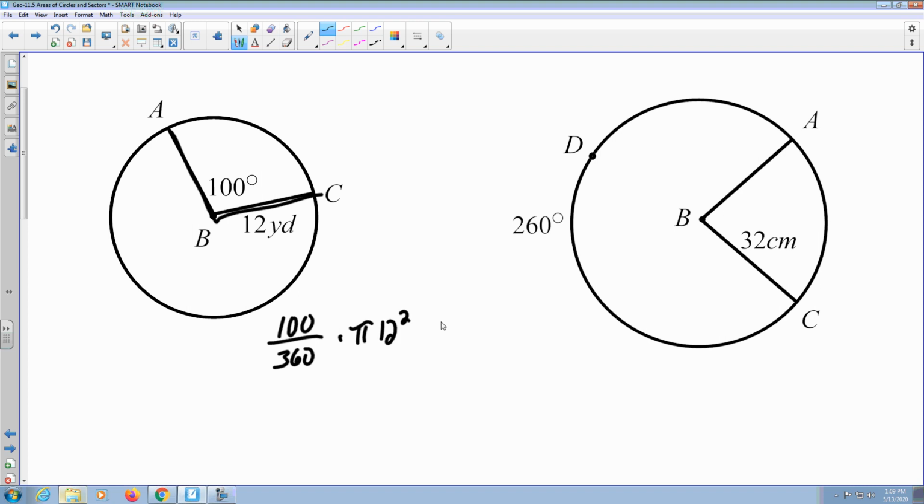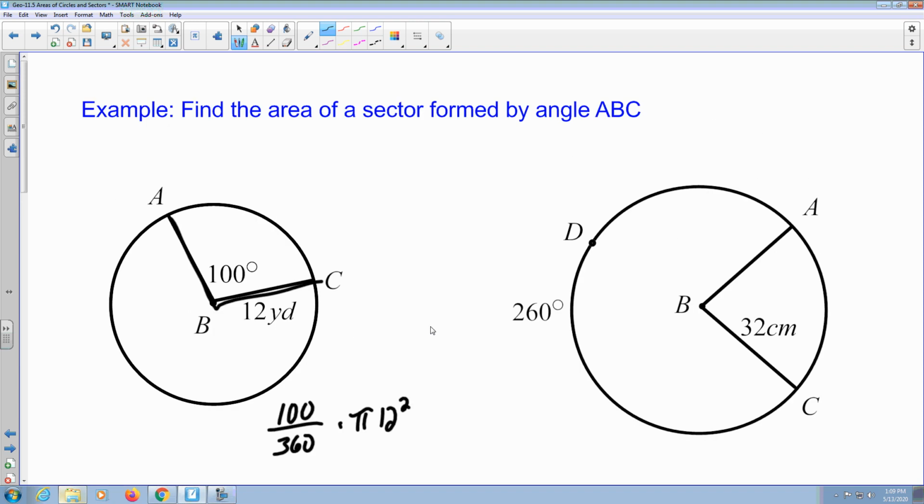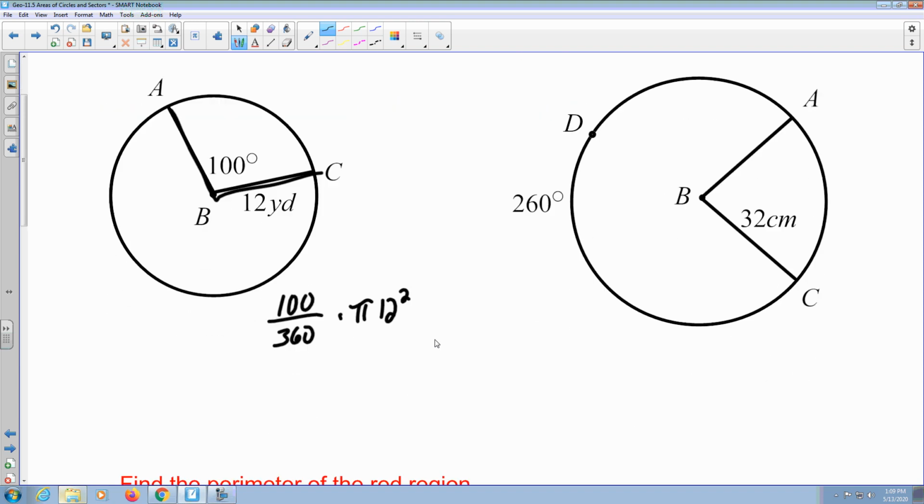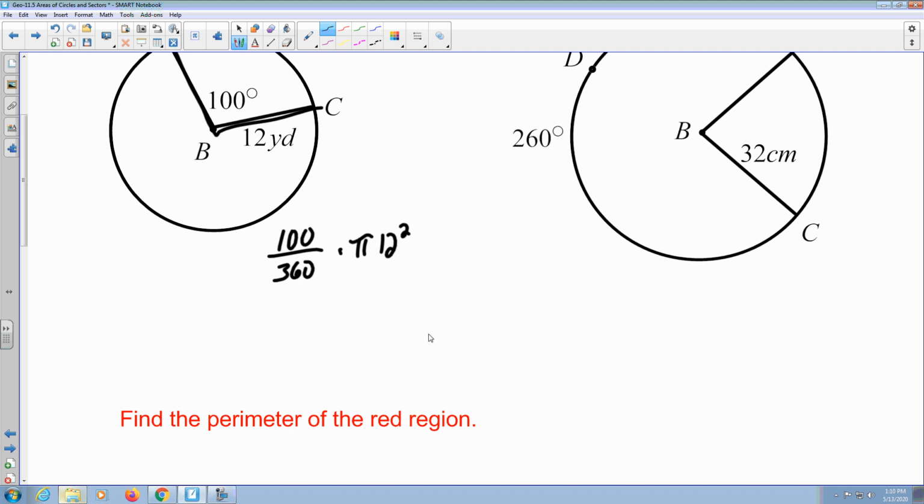It doesn't say exact or approximate. If it doesn't specify, I usually just approximate. So 12 squared is 144.